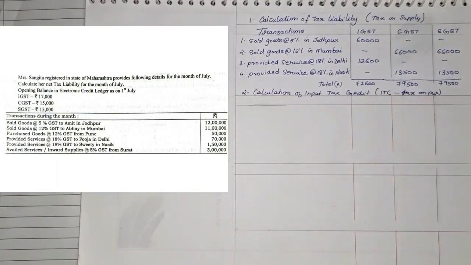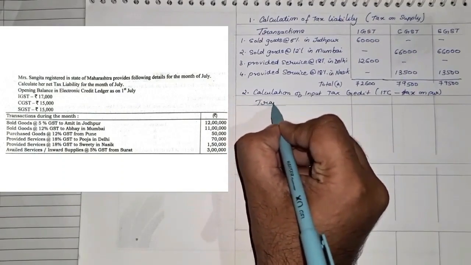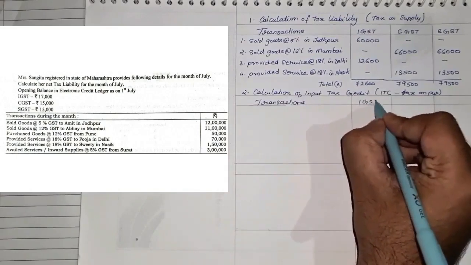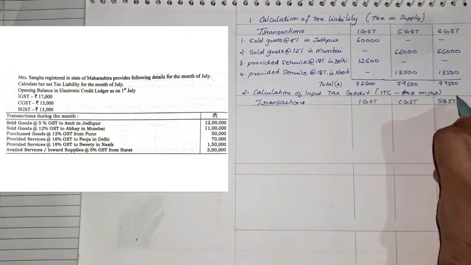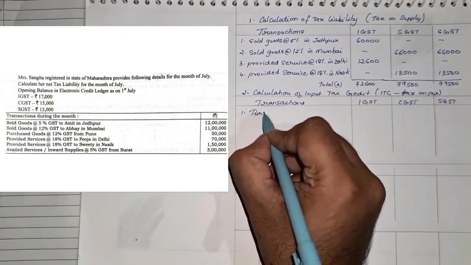So now in the sum there were two purchases. One was purchase goods and one is availed services. Two things were there, so we will take those values. Again, we'll have transactions, IGST, CGST and SGST.